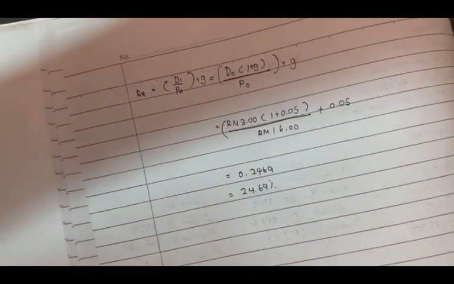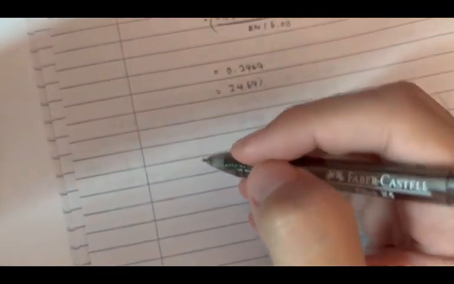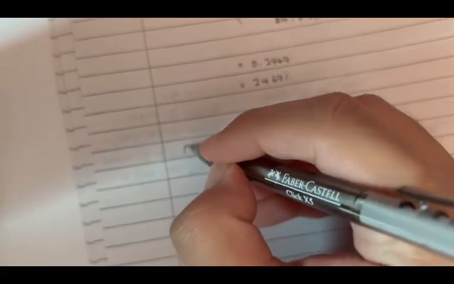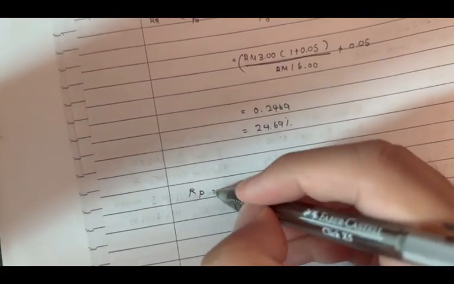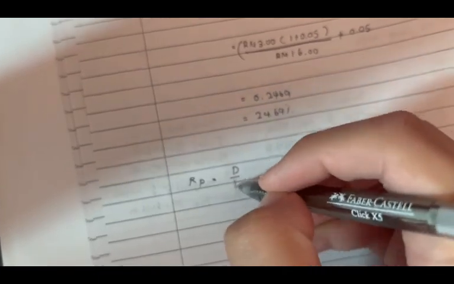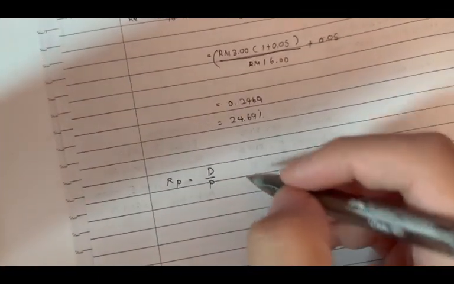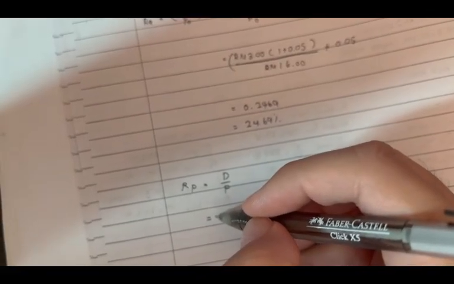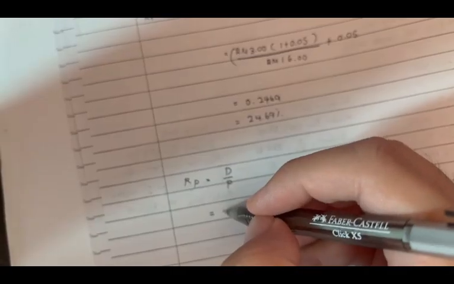And let's not forget, let's find the RP. I forgot to mention before this, we need to find RP. Okay, RP equals D over P. So what will we get? This one is based on the preferred stock information, we'll extract from it.